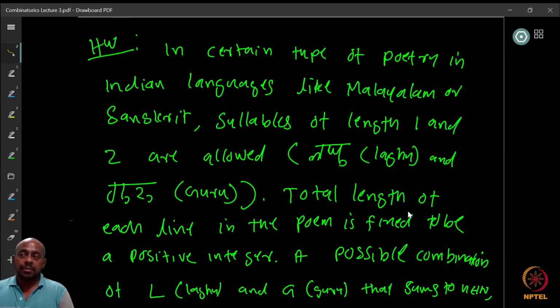So here is the question. In a certain type of poetry in Indian languages like Malayalam and Sanskrit poetry, syllables of length 1 and length 2 are allowed. So each letter can be either short or long. We have these long and short syllables. We will say Laghu, the short one, and Guru, the long one.